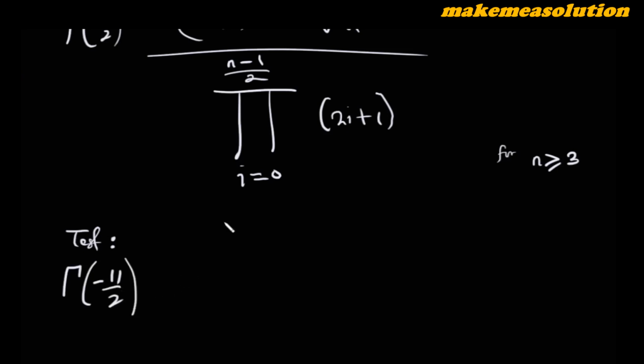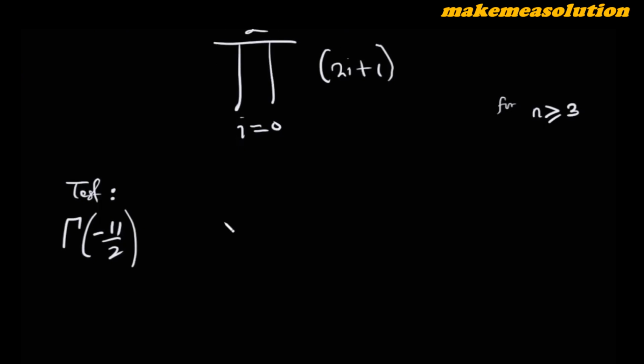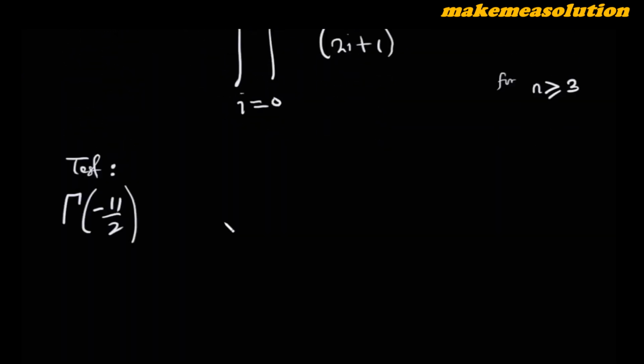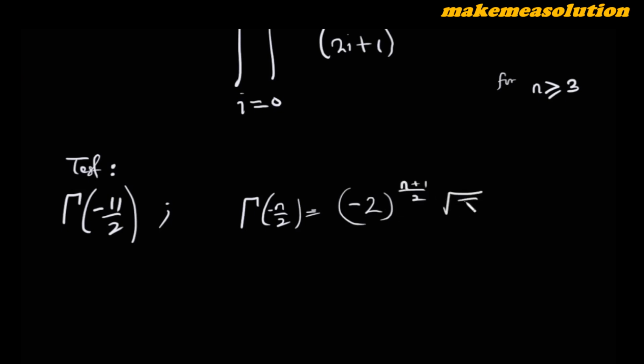So to test for gamma of minus 11 over 2 with this formula, the formula is given to me as gamma of minus n over 2 is, let me just write it, I like writing the formula, the more you write it, the more it sticks to you. Negative 2 to the (n+1)/2, then root pi divided by the product from i equals 0 to (n-1)/2 of 2i plus 1.